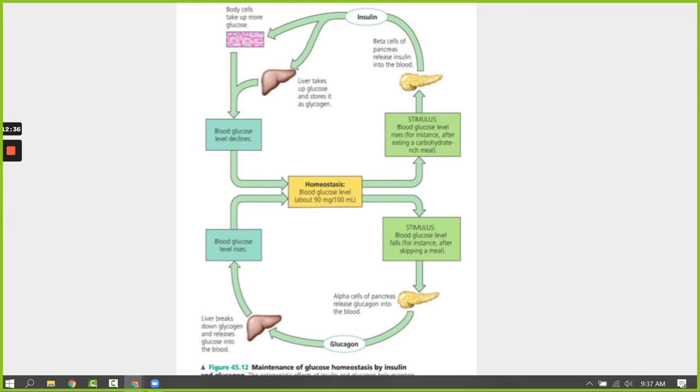Glucagon goes into your blood, circulates around your body. Glucagon tells your cells, hey, I need some more blood sugar. And so your cells then release it into your blood and your blood sugar level comes back up. Once your pancreas notices that, what does it do? Stops it, and then you're back at the right level again.